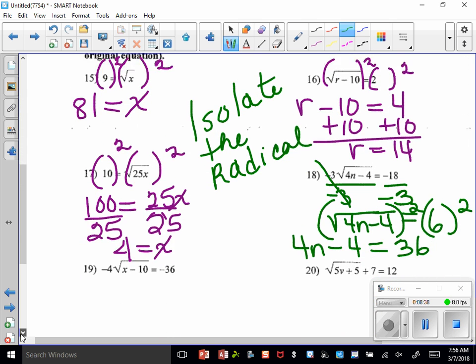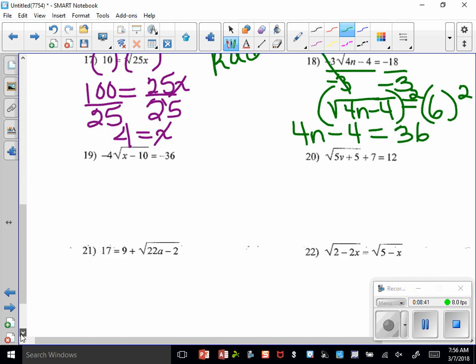Okay. All right, I'm going to move on to question number 20. So in question number 20, this is being added. This says +7. So how do you think I'm going to get rid of the +7? Subtract 7.